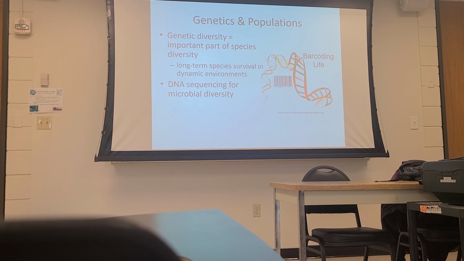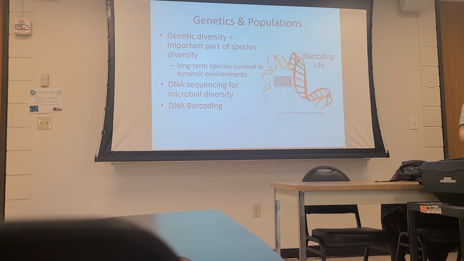So microbes like bacteria that all look the same in the microscope, we can look at their DNA sequences and figure out maybe how many species we have. And so that's been a thing recently.